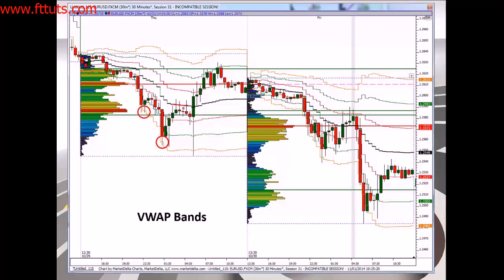Now, naturally, you can change the color settings for these different bands. I'm using the darkest color for the VWAP itself, which is black, and then I have red for the 1st standard deviation, green for the 2nd, and orange for the 3rd.